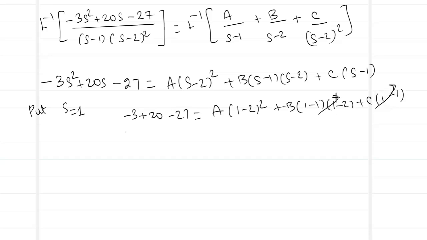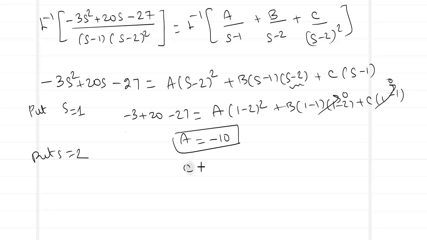The c and b cancels off, leaving you with a to be equal to minus 10. Now in the second quantity, you put s to be equal to 2 because this is my factor. When I substitute s to be equal to 2, you will be getting your c as 1. So the second constant is also got. Now how to get the third constant?